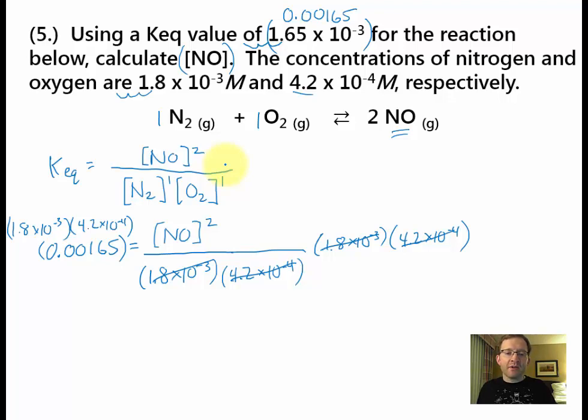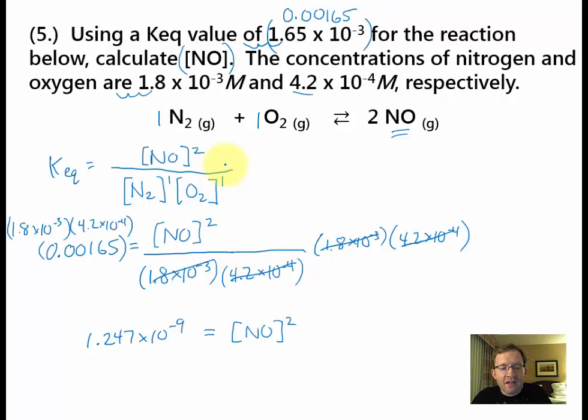All right. So multiply this set of 3 values together, multiply all those together, and hopefully you'll find your answer comes out to be 1.247 times 10 to the negative 9. Again, that's just simply these 3 values on the left side multiplied all together. And on the right side, that's equal to my nitrogen monoxide concentration squared. Now, to undo a square, you have to do square root, right?